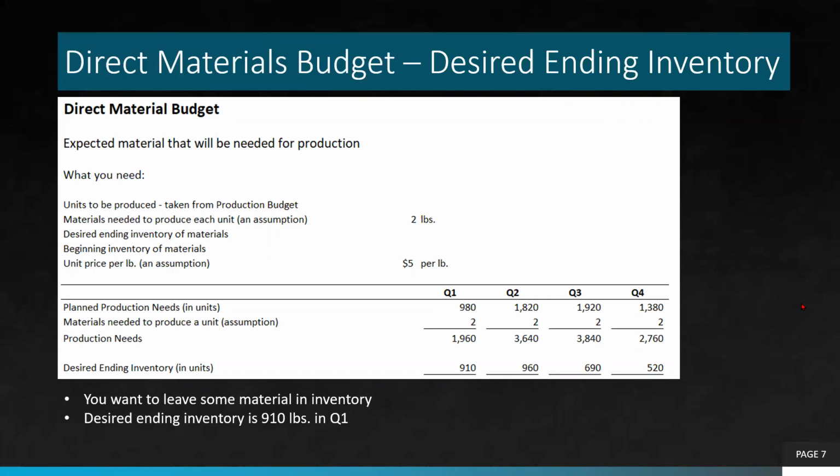As with the production budget, we also need a desired ending inventory for material, right? So the production is the units, the actual product. This is now talking about the material to produce that product. And we have some figures in here of what we want our desired ending inventory to be.